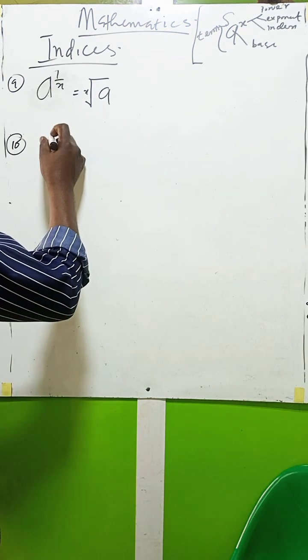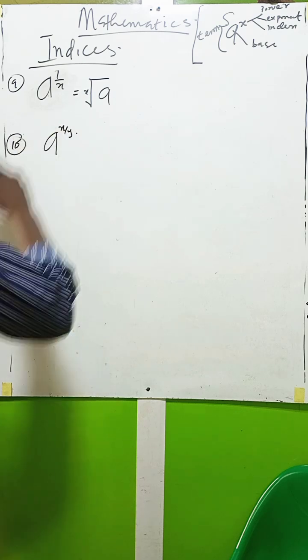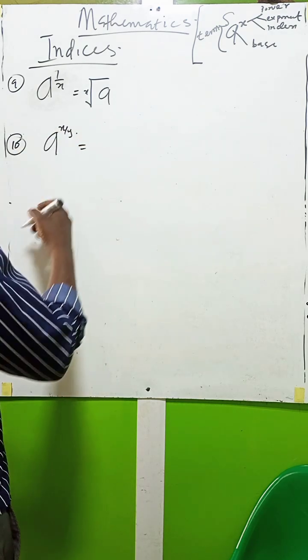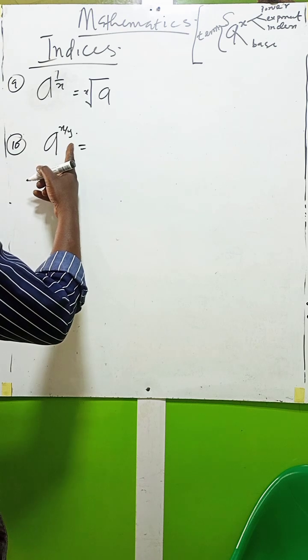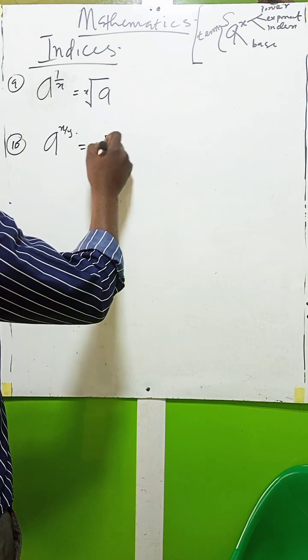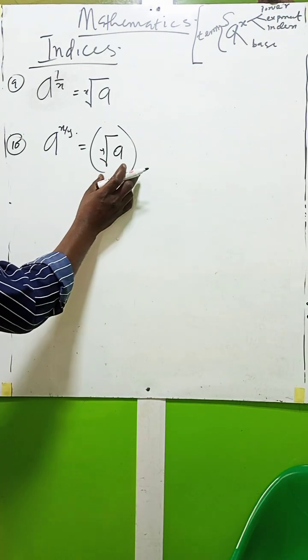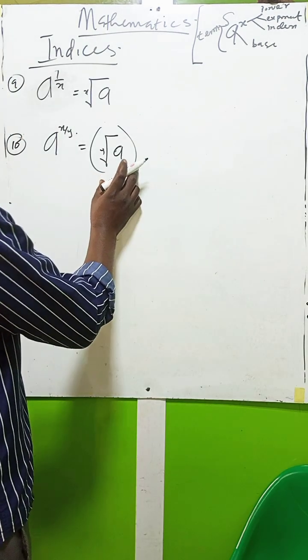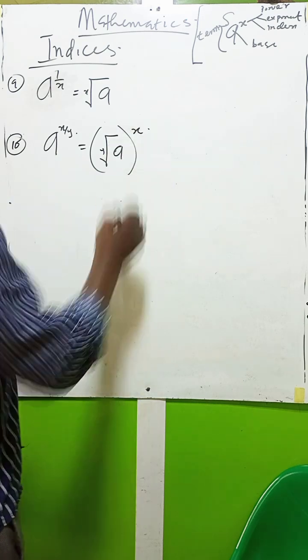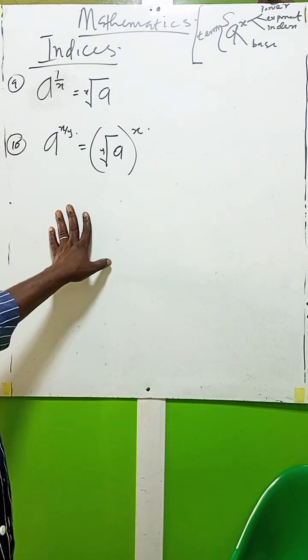For instance, we have a raised to power x over y. The result becomes: the denominator will still root the base, while the entire result will now be powered by the numerator. I hope you understand this.